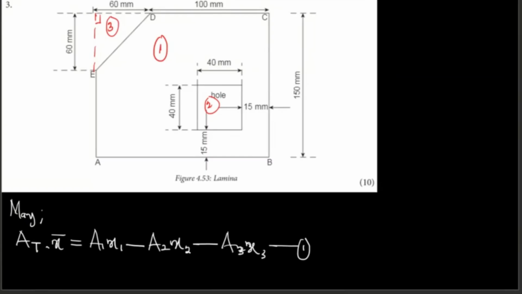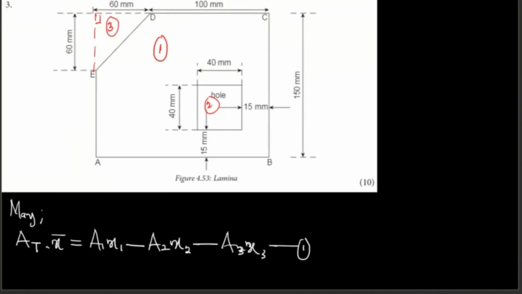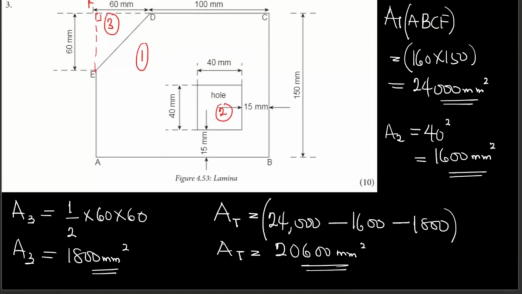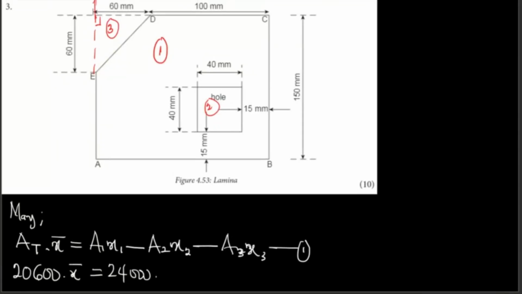So let's substitute. The total area is 20,600 times x bar. A1 is 24,000. What's going to be our x1? X1 is just 80. Remember, they didn't put it, but this is y and this is x.